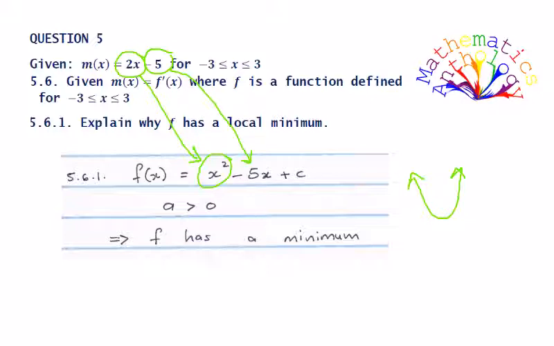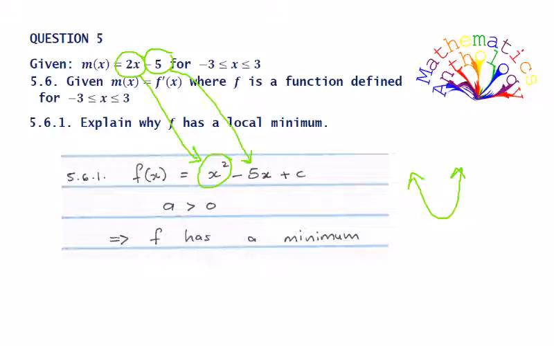Okay, so now they gave us that m of x is the derivative of f, where f is the original graph. So if our derivative graph is m of x, which is a straight line graph, it means that our original graph will be a parabola.